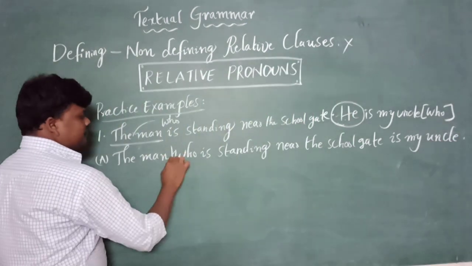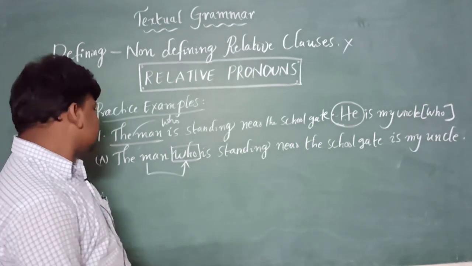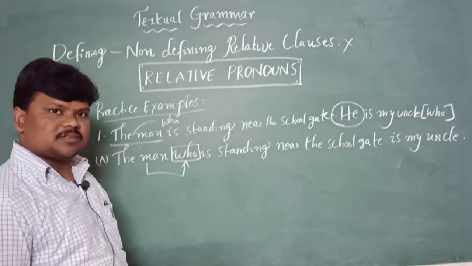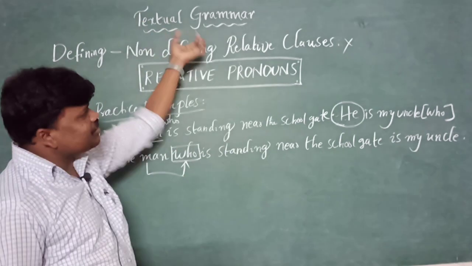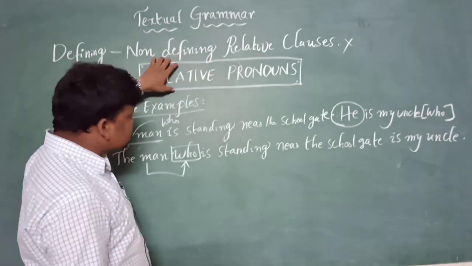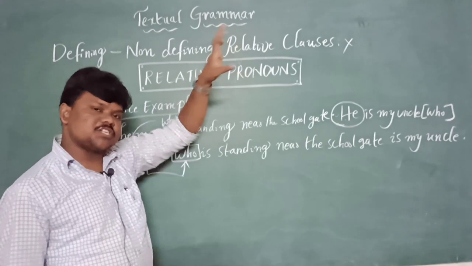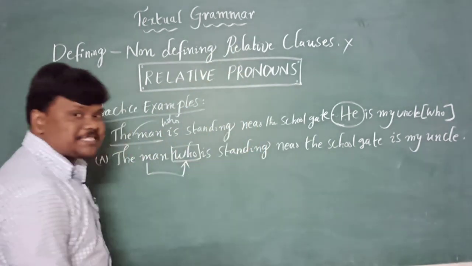See, who immediately follows a person, right? Very easy, my dears. Very easy, relative pronouns. Don't try to remember the words defining and non-defining relative clauses. It's just for remembrance. But you should remember relative pronouns. You understood very easily: who, which, that, who, which, that. That's it. You need to chant.